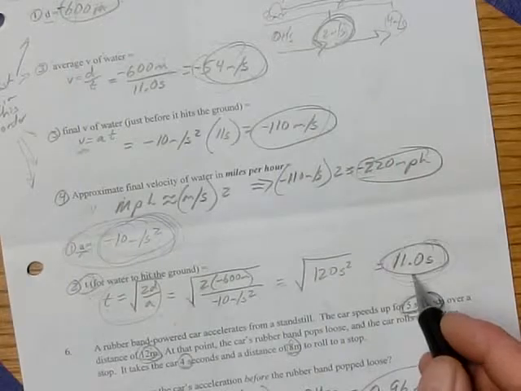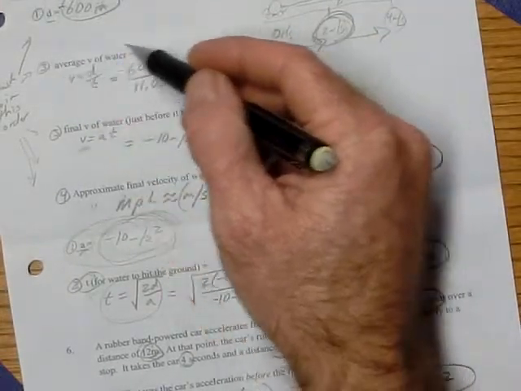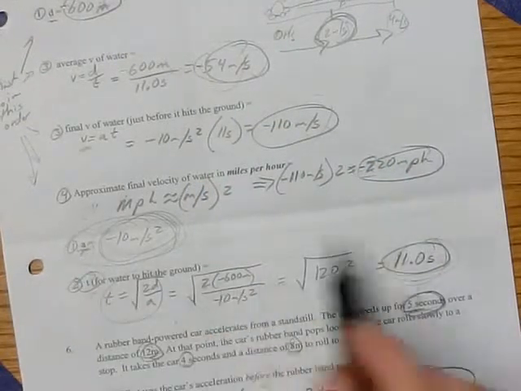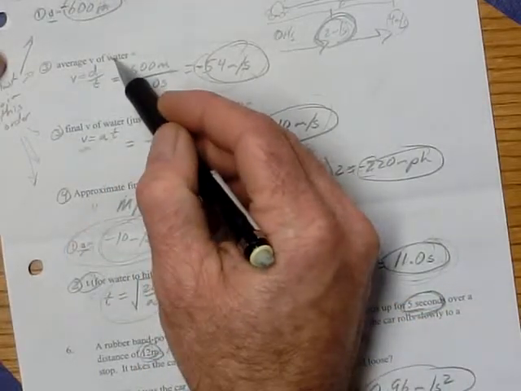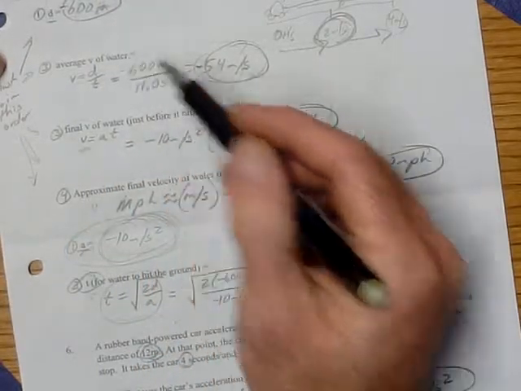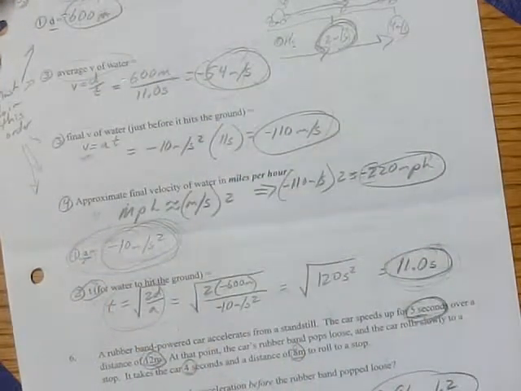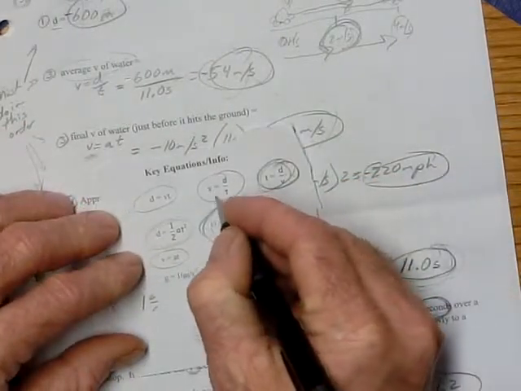Once you get the time, then we can figure out these other things. We can go back up to the average velocity of the water, or we could do this one first. It doesn't really matter. For average velocity, this formula right here is average velocity.